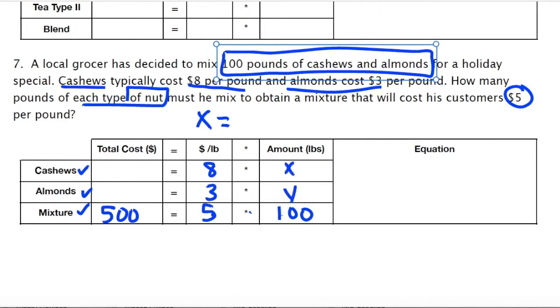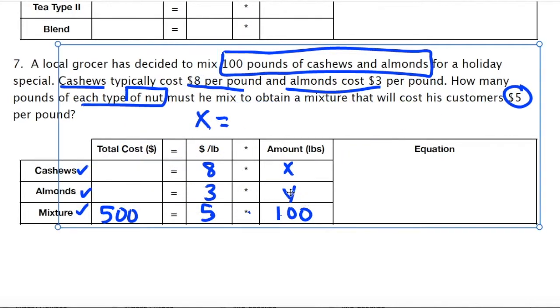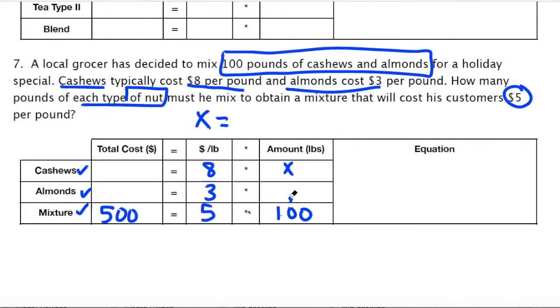Well, we could use 2 variables if we were able to solve equations with 2 variables, and that's something we will learn, but for right now we're focusing on 1 variable equations. So if we have cashews and almonds together equals 100, then if cashews was X, we'd take 100 minus that to get the total of 100.